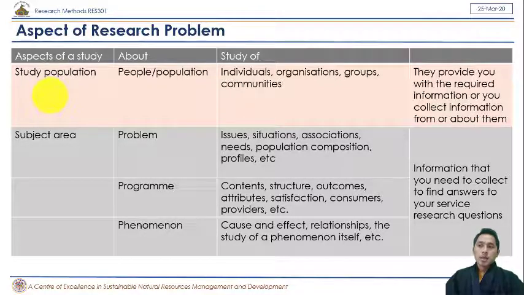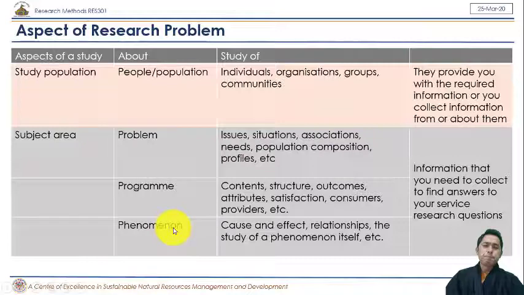So the subject area is composed of problem, program, or phenomena. The problem is that the issue related to lichen is that it's not being studied in Wangdi district. We have got situations there, lots of associations, population composition there, which is not being studied. So we want to study the population through this subject area.